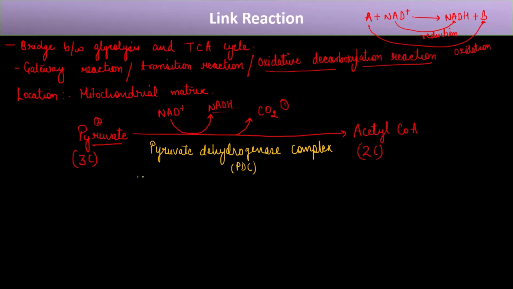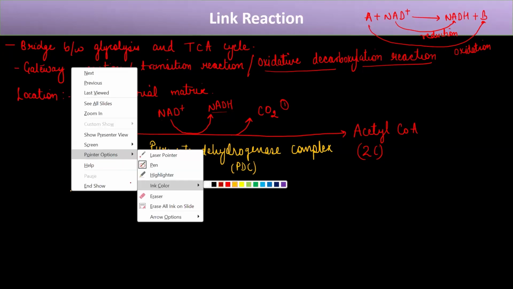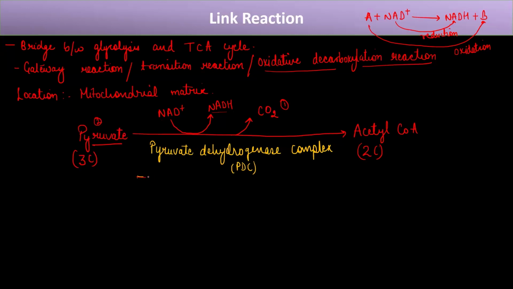Now, since it is a complex, along with the enzyme, it also contains multiple things. So what all does it comprise of? It comprises of magnesium ion. It also comprises of TPP. TPP is a cofactor whose full form is thiamine pyrophosphate.